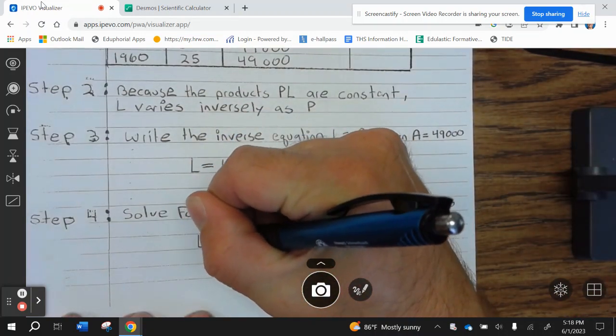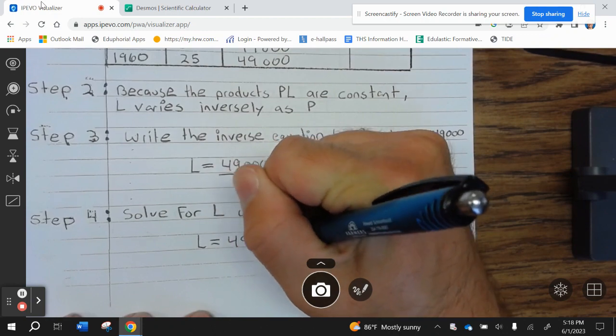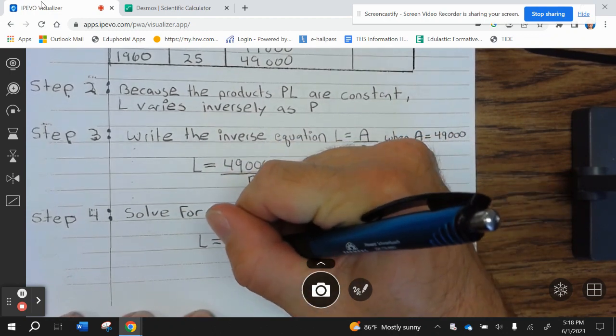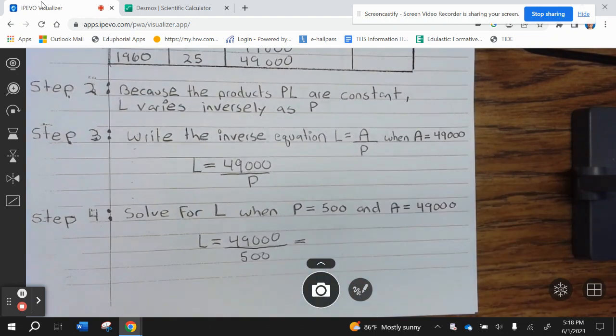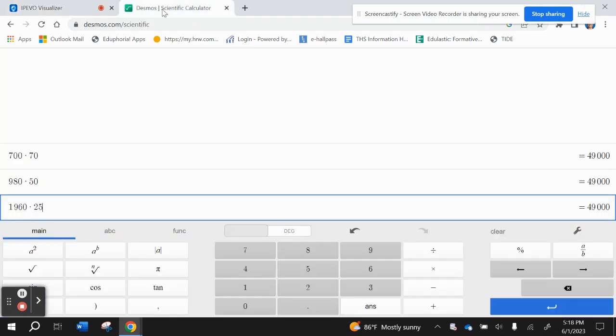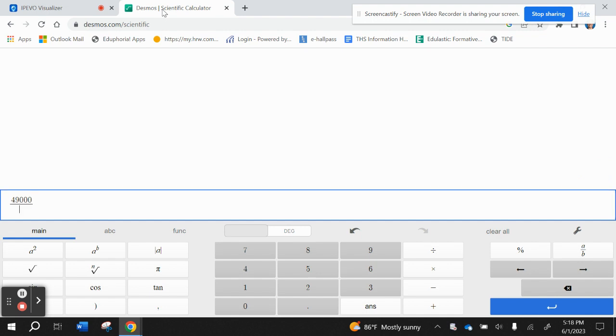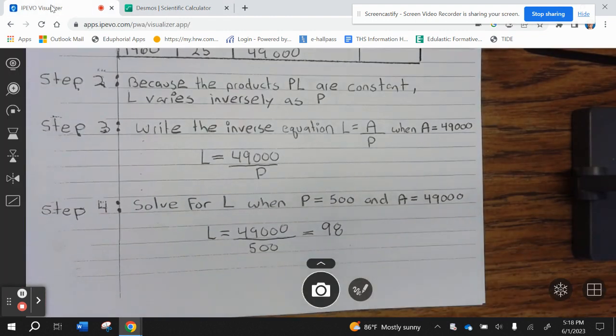So L equals 49,000 divided by 500, which is 98. All right, go ahead and finish up example 3.